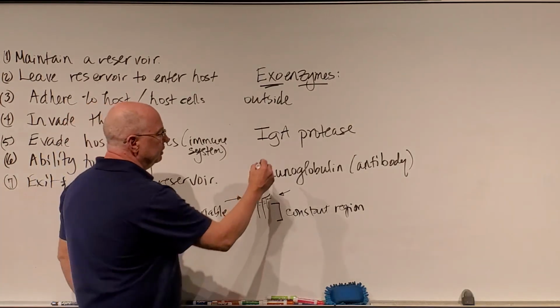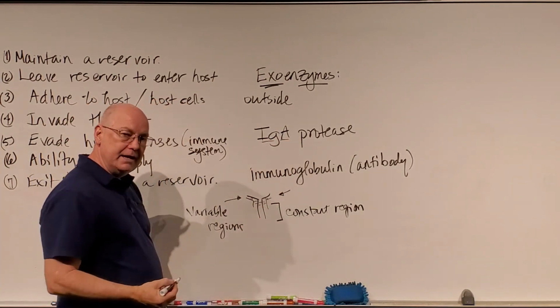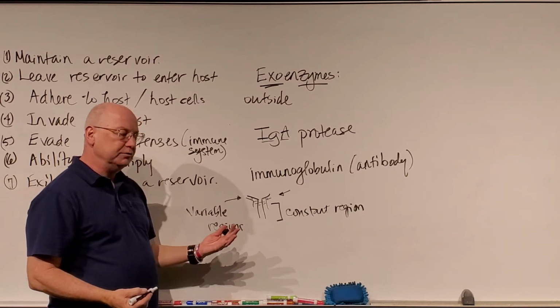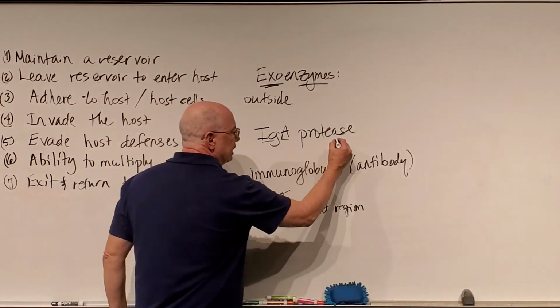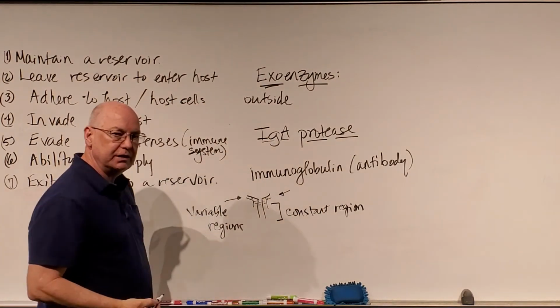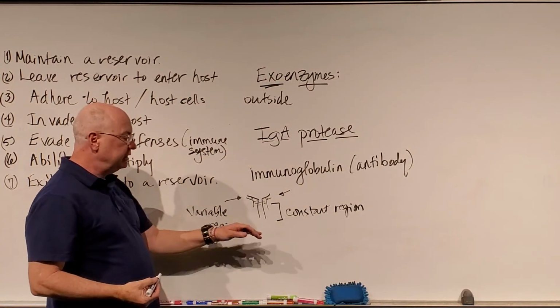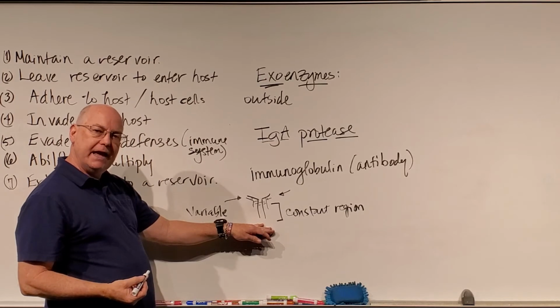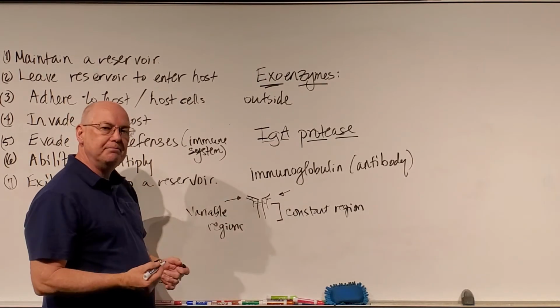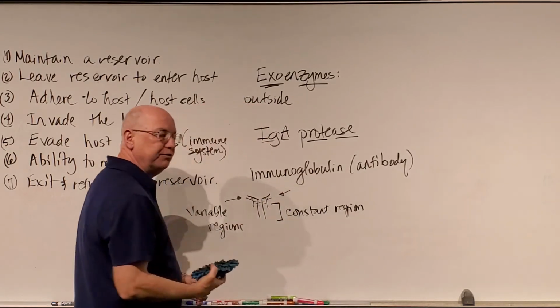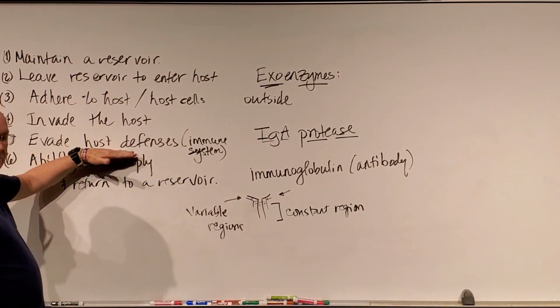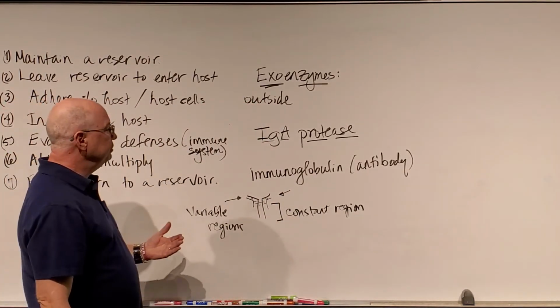There happens to be one called immunoglobulin A that can bind to certain organisms. Well, IgA protease, a protease being an enzyme that digests a protein, digests the immunoglobulin A molecules so that they can't bind to certain pathogens. Okay, so that's another version of what we call an exoenzyme that allows them to evade our immune system.